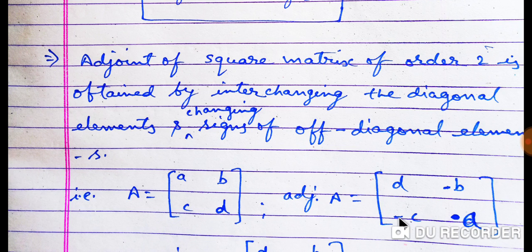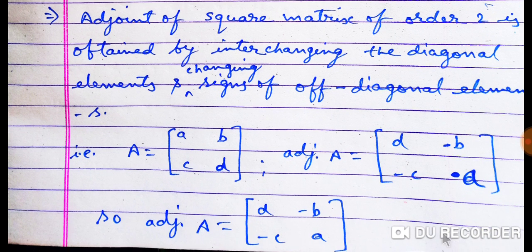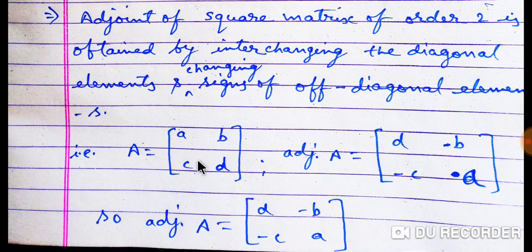So we just change the signs of the off-diagonal elements. Look here, A is a square matrix of order 2, and the adjoint of A will become D, minus B, minus C and A. This is the way we find the adjoint of a square matrix of order 2.